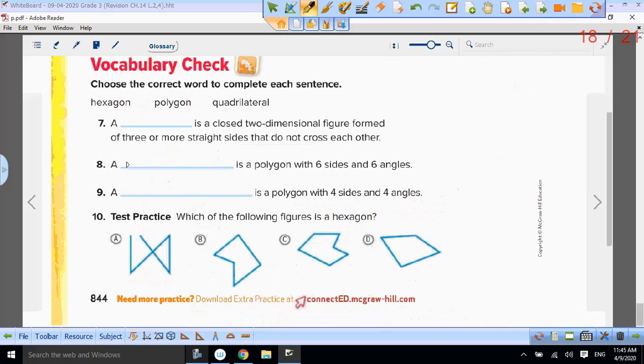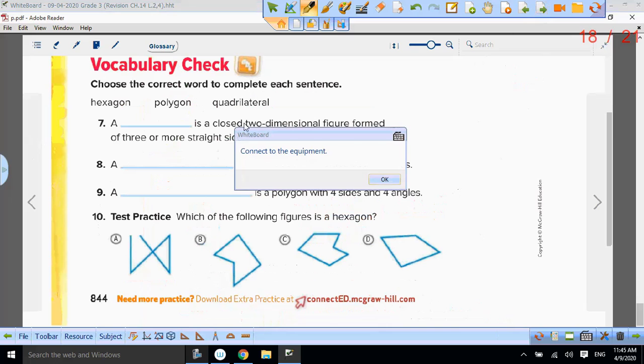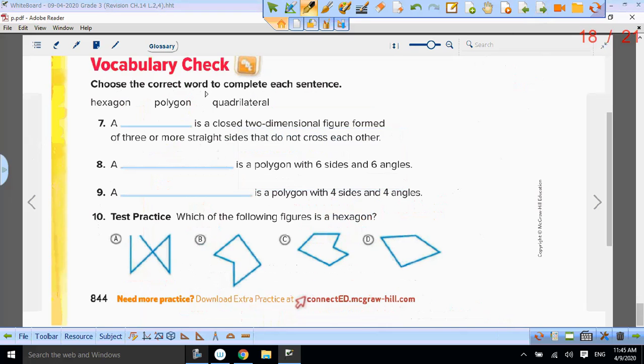In the same page 844, we want to choose the correct word to complete each sentence. We have these words: hexagon, polygon, quadrilateral. What is a closed two-dimensional figure formed of 3 or more straight sides that don't cross each other? This is the definition of what?